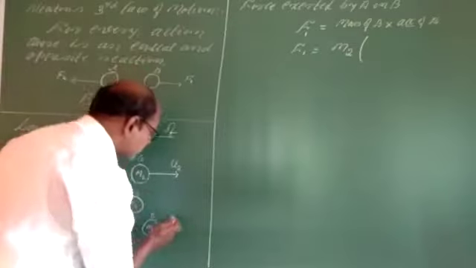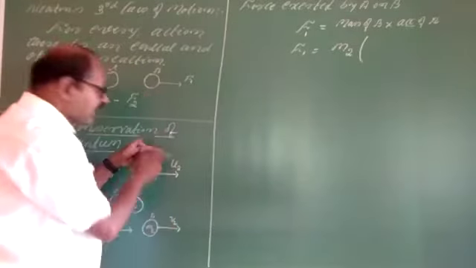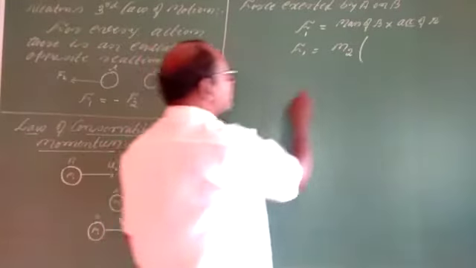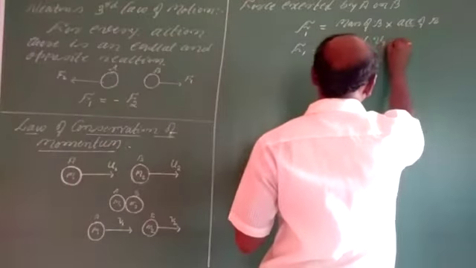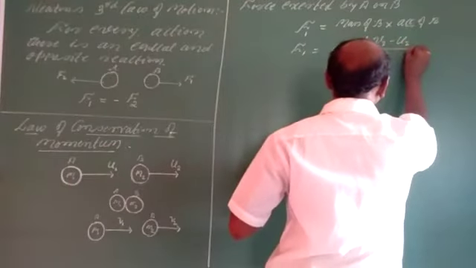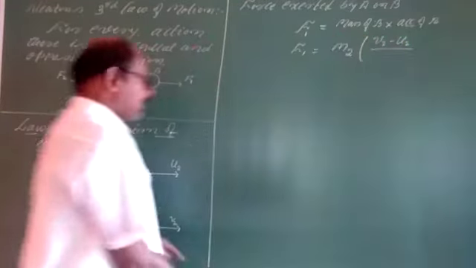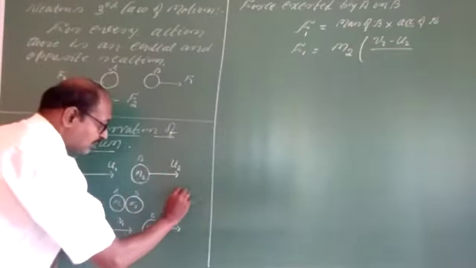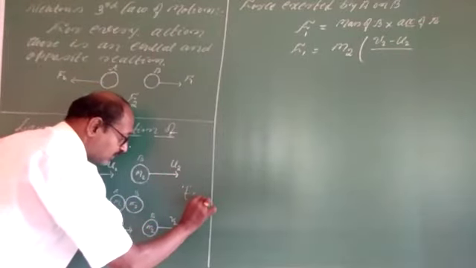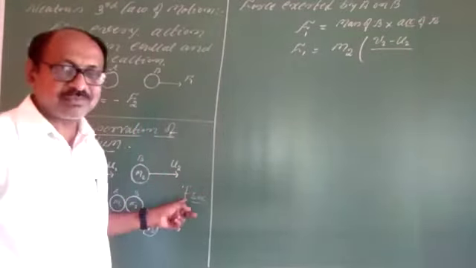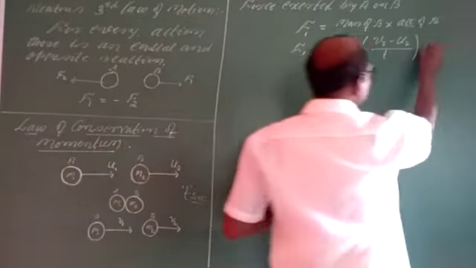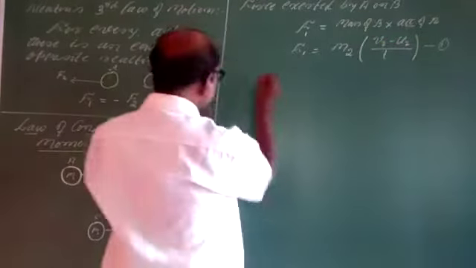After its collision, it reaches V2. So V2 minus U2 divided by the change in time, t seconds. This is considered as the first equation.